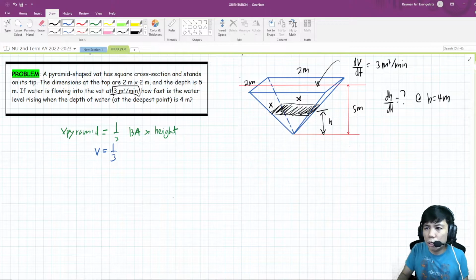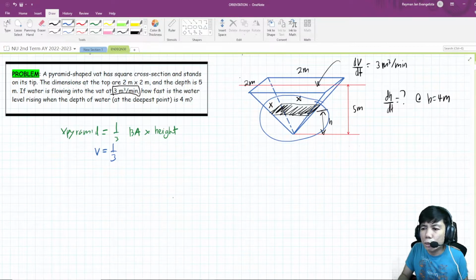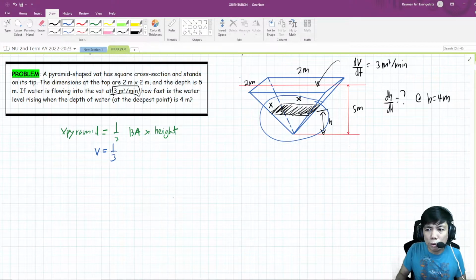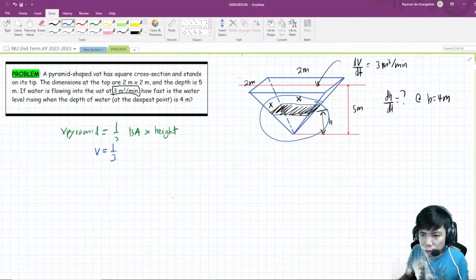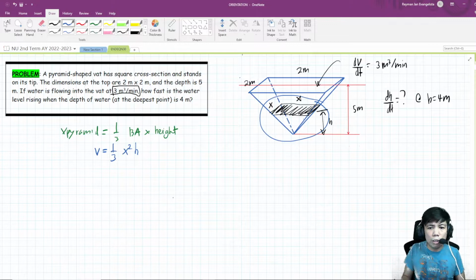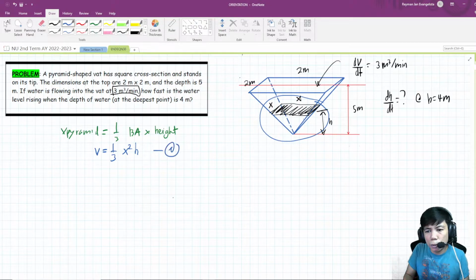Bale ang kailangan mong kumpyutin ay yung volume ng tubig at any level or at any time. Yung magiging base area mo dyan, meron tayong side na x. Kung square yan, the area is the square of the side, so that is x squared, and then the height is h. So as you can see, ang ating first equation, V natin ay in terms ng x at h.